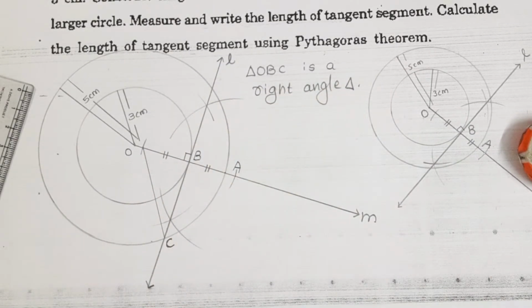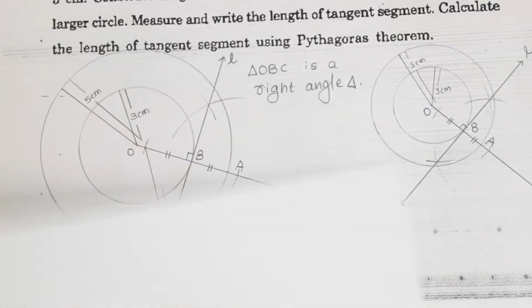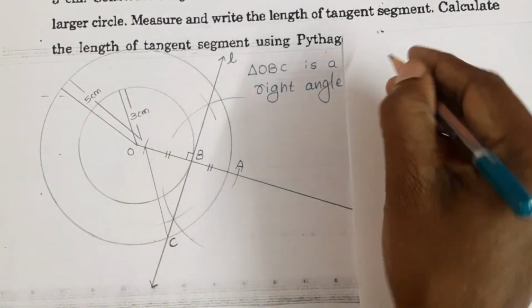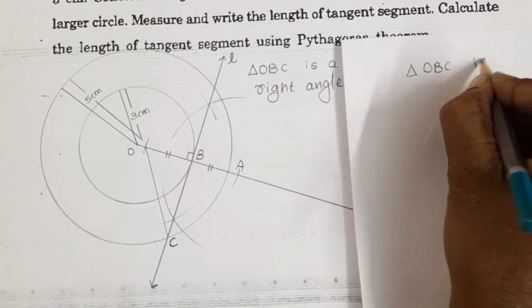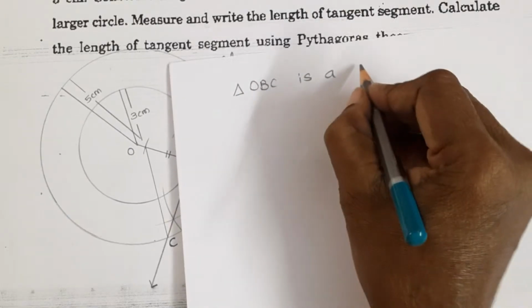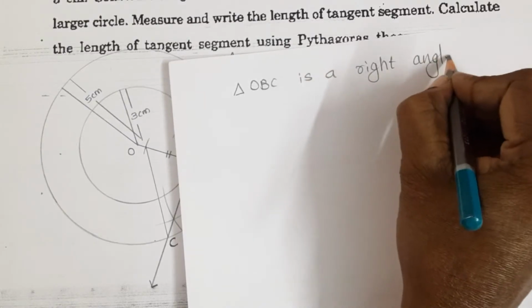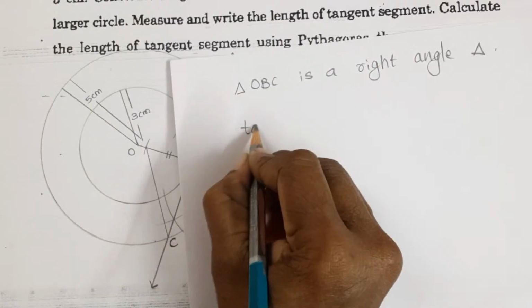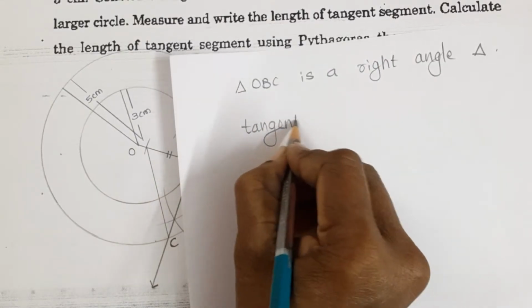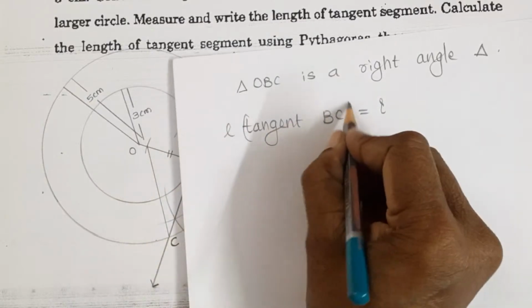Okay, students, I calculate on another page. So I write here, triangle OBC is a right angle triangle. So here, students, we have to calculate the tangent BC, the length of tangent BC.